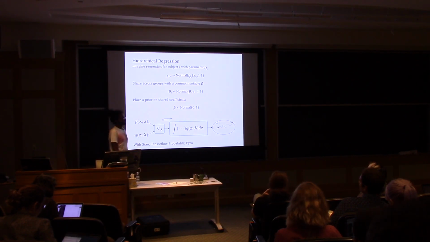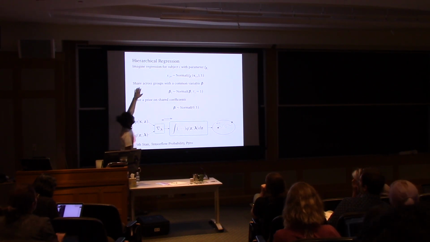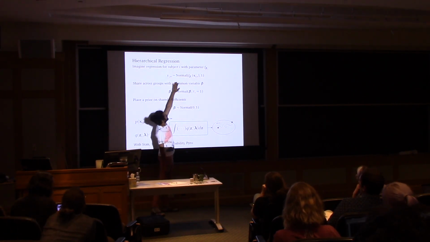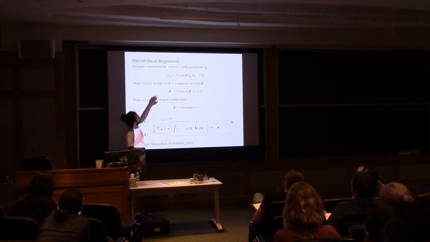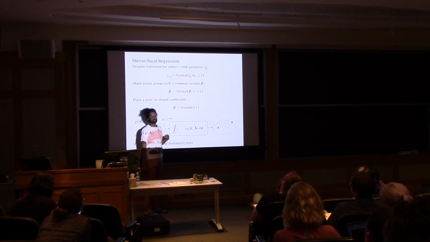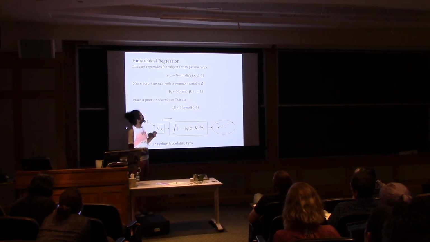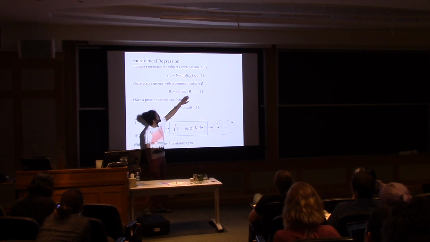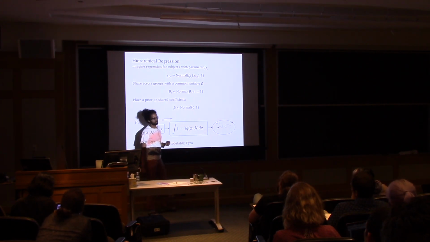But we could also just modify our model. Suppose that we have some code where I still have the same likelihood function, but I change my prior for each of the individuals to not be drawn from normal 0, 1, but instead to be drawn from a normal distribution with mean beta and some parameter tau i.